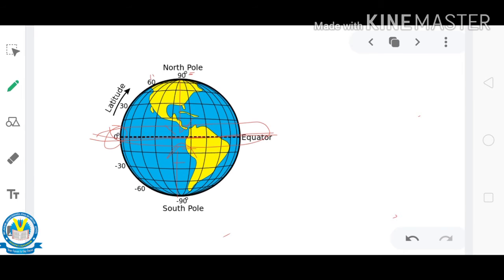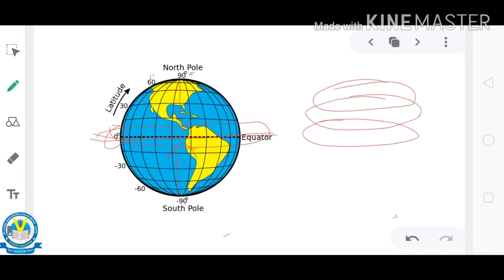From the equator going towards the poles are a series of parallel circles, and each circle is called a latitude. So latitude values range from 0, the equator, to 90 degrees at the North Pole and 90 degrees at the South Pole.